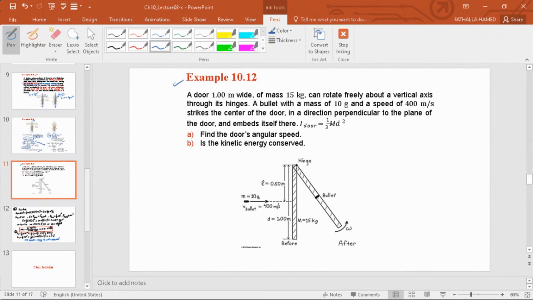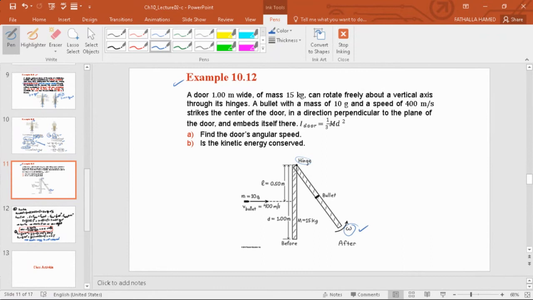You have a door, and a bullet hits the door exactly in the middle. The door, of course, has hinges, and when it is hit the door will swing at an angular velocity omega. Now they ask us, what will be this angular velocity?